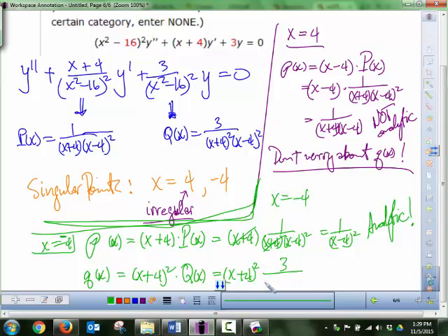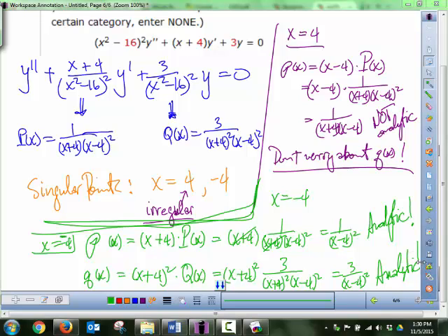So it's 3 divided by x plus 4 squared and then x minus 4 squared, and that also works out nicely. When you put x equal to negative 4, it is analytic again. So based on this, it looks like negative 4 is a regular singular point.